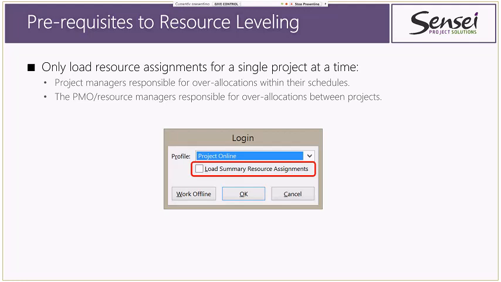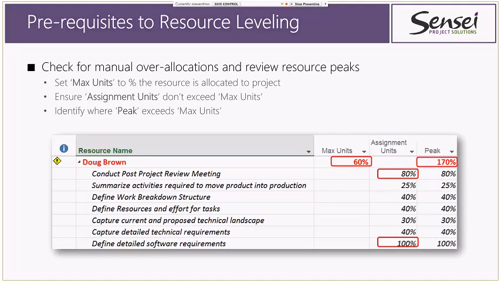Then here's the manual process, the prerequisites, if you like, before we start using the built-in functionality. If you have been allocated your resource at a percentage that's less than 100%, then you want to make sure that you set the max units, in this case it's Doug Brown at 60%, so that we know what we're working towards.